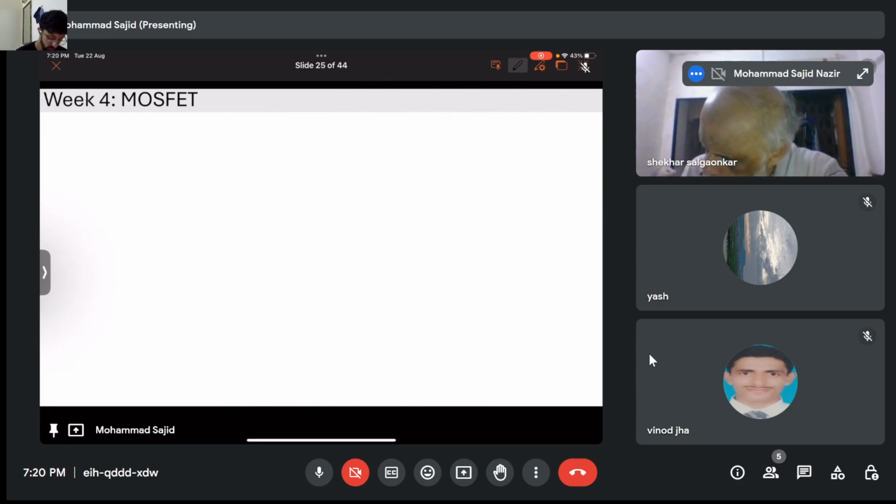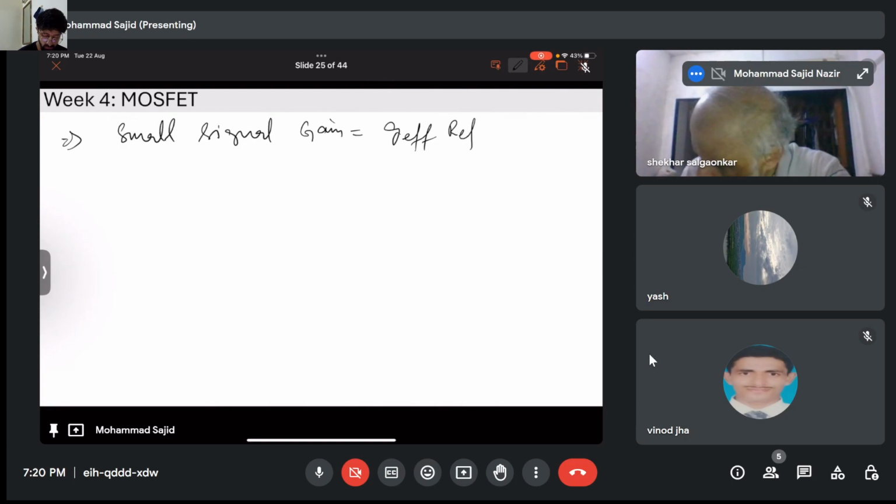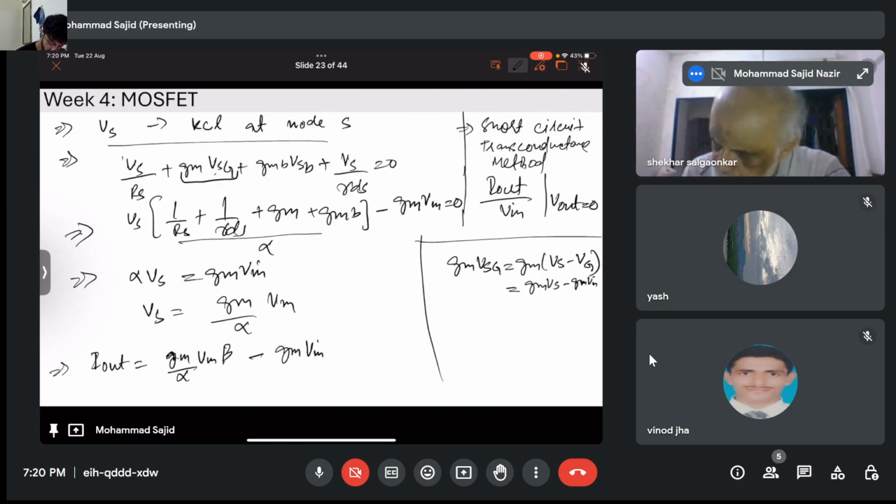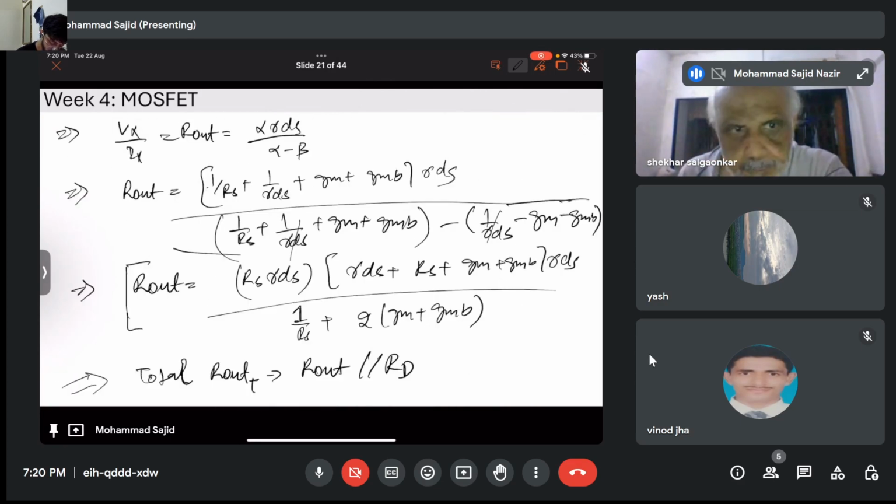G effective. Now your small signal gain will be G effective multiplied by R effective. Okay, you now have G effective, and calculate R out effective total as well.